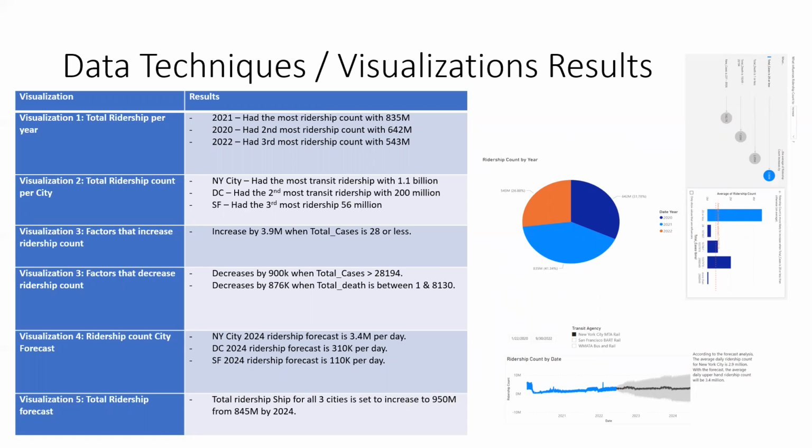Based on the results from my visualization, I found out that 2021 had the most ridership count. New York City, Washington, D.C., and San Francisco combined had a total of 835 million ridership in the year 2020, and they had a total of 642 million transit ridership in the year 2020, and about 543 million in the year 2022.